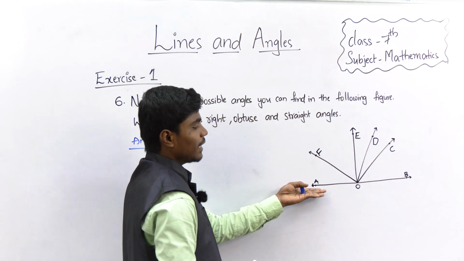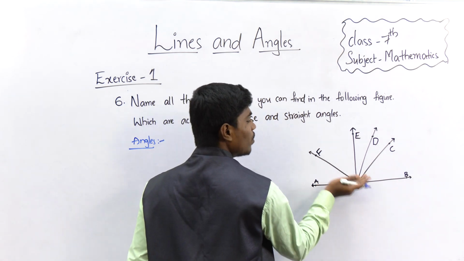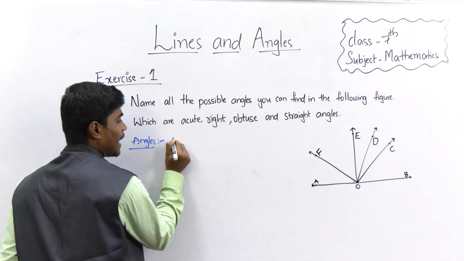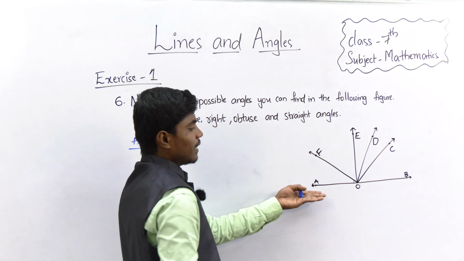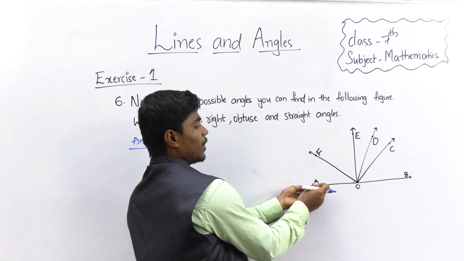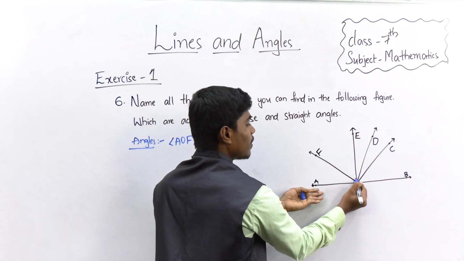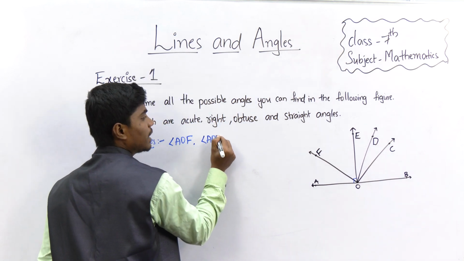Here at point O, a corner is formed. AOF is an angle. So angle AOF. Next, let's take points A and E. AOE. Here one angle is formed. So angle AOE.